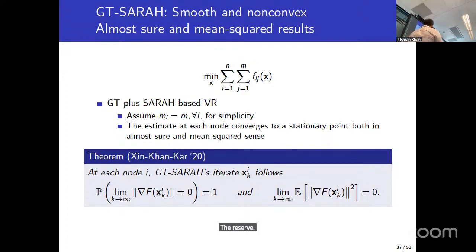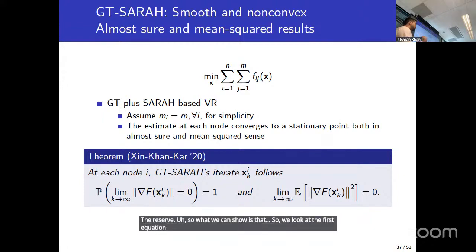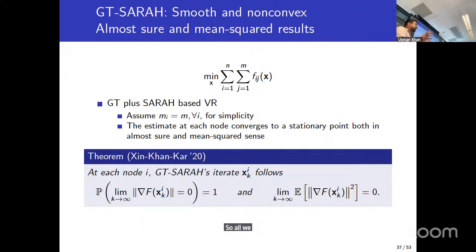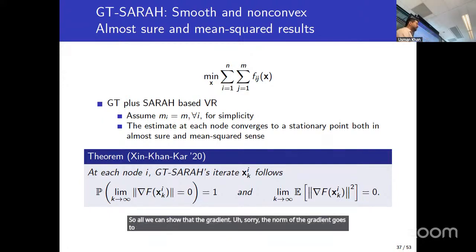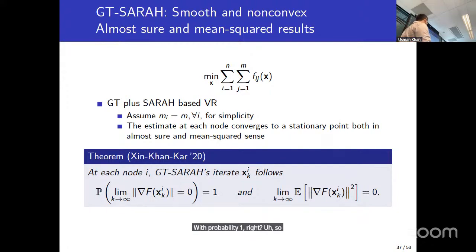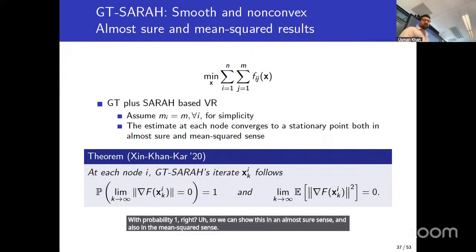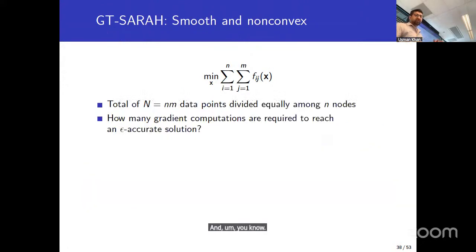So what we can show, looking at the first equation, and recall the metric, is that since it's a non-convex function, all we can show is that the norm of the gradient goes to 0 at each node i with probability 1. So we can show this in an almost sure sense and also in the mean squared sense. And if you want to pose a different question, how many gradient computations are required to reach an epsilon accurate solution?